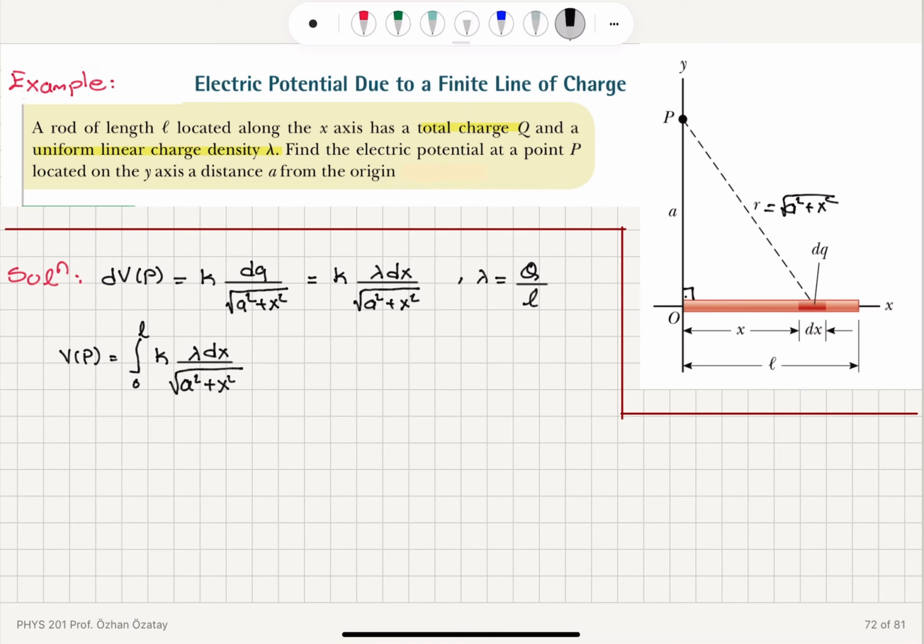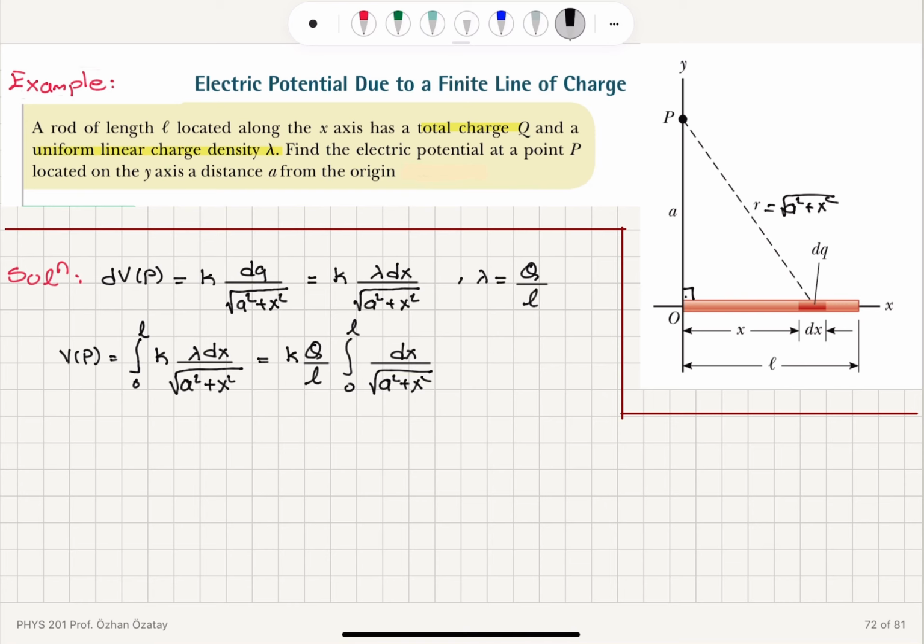And for lambda, I substitute q divided by L, multiplied with the integral from 0 to L of dx divided by square root of a squared plus x squared.